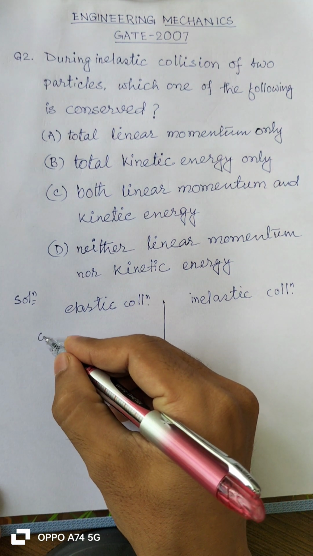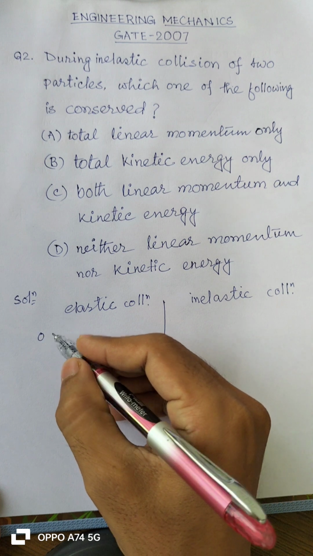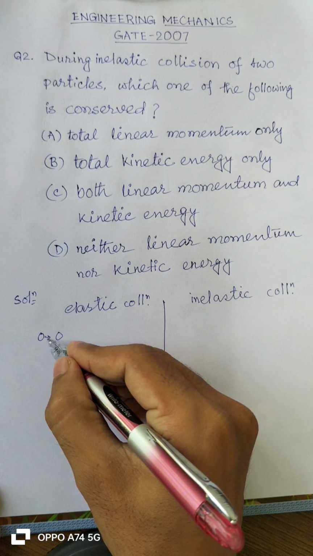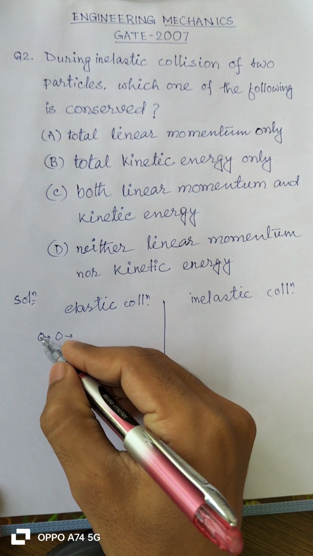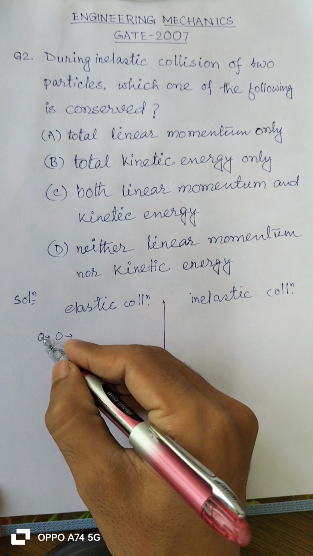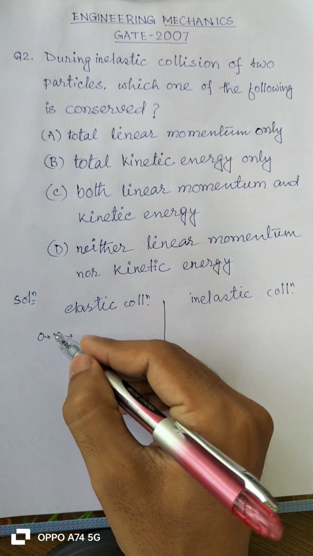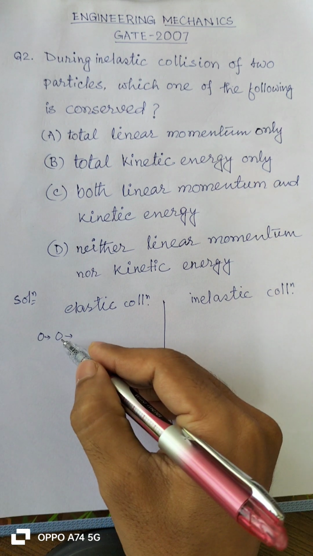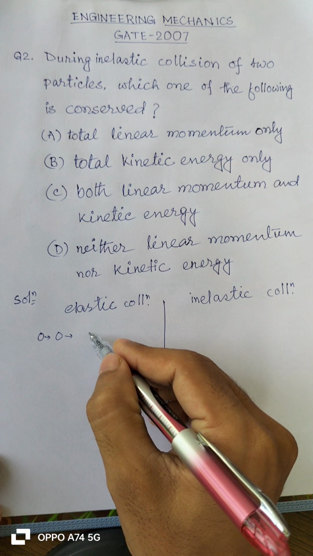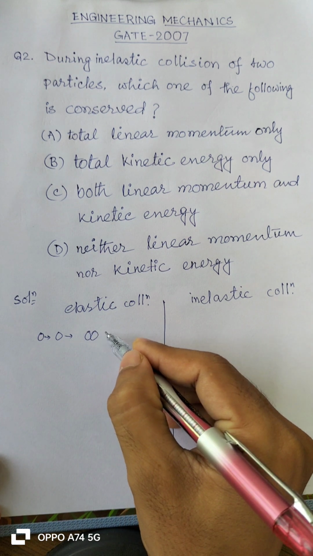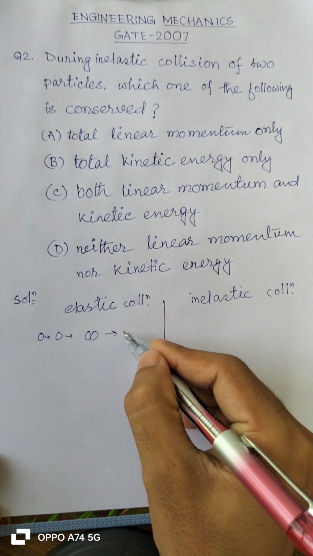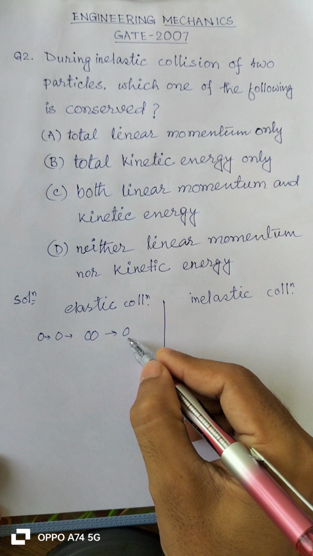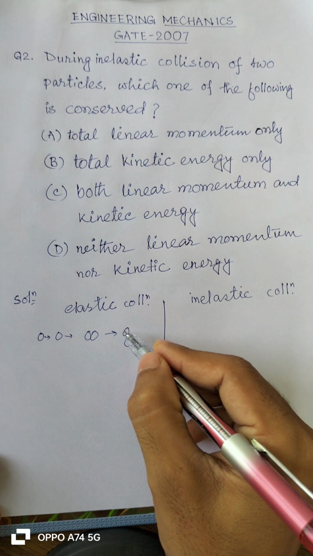So two bodies are moving in the same direction, and one is having more velocity than the foregoing one. So at some time these two will collide, and after that the two will be having two different motions or the same motion.